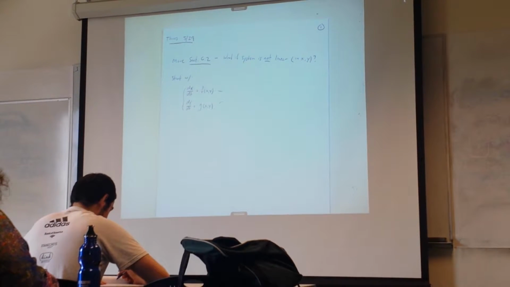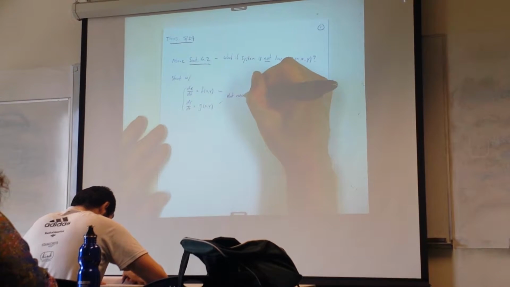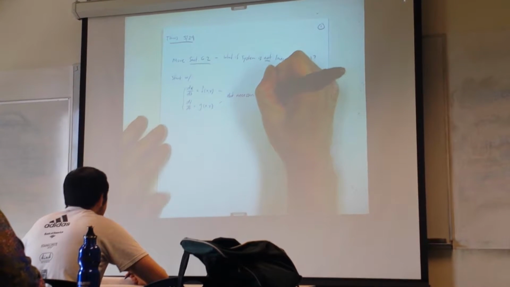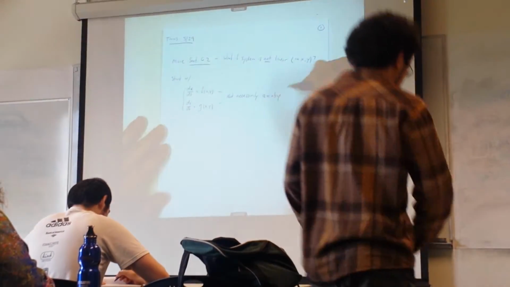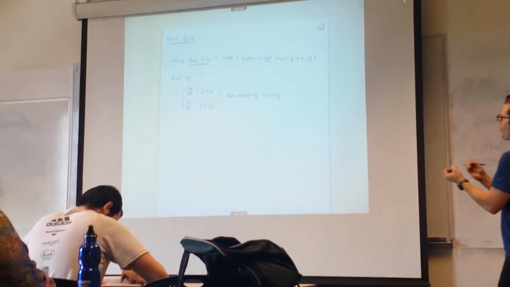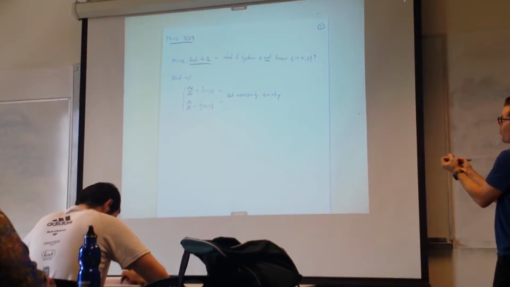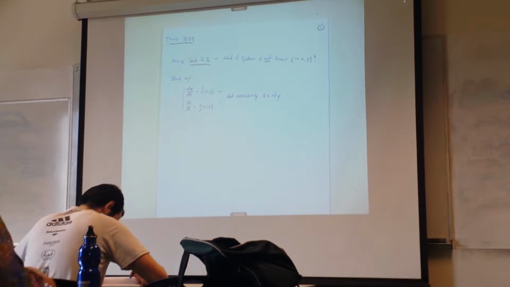So these functions are not necessarily of the form ax plus by with constant coefficients in front of them. We could have x squared or x cubed, or a product term xy, which would not be linear; it would be a degree 2 term.